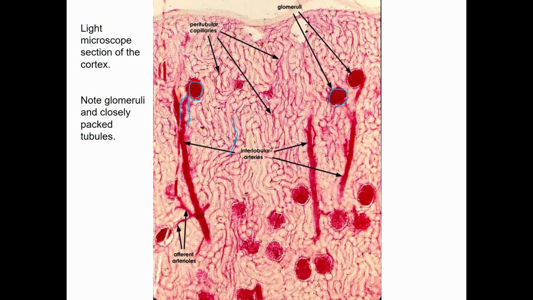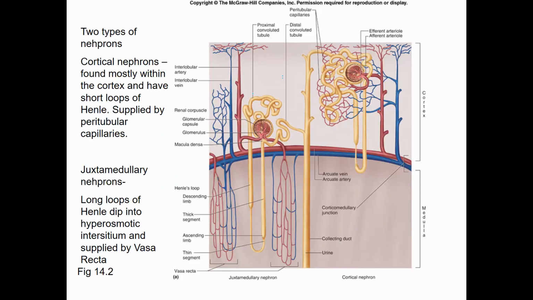And so these are our proximal convoluted tubules and distal convoluted tubules that are all mixed up in one microscope slide. So these things are all packed in there. But then we have pictures like the one in your textbook. So again, we see cortical nephrons found mostly up in the cortex.